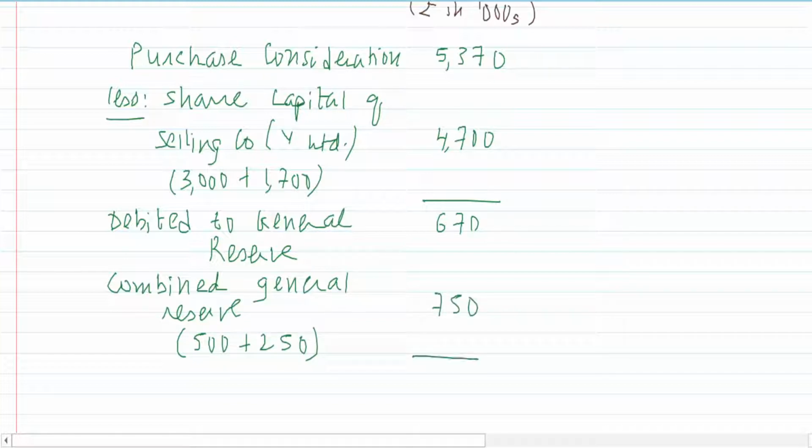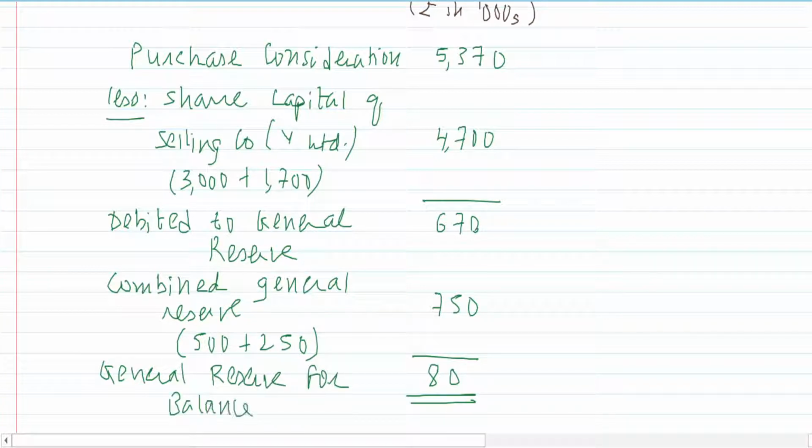The total general reserve will be 750 and I will debit 670 from it. So I'll be left with general reserve of 80. So this is the general reserve for the balance sheet. When you prepare your final balance sheet, we will show general reserve of 80.